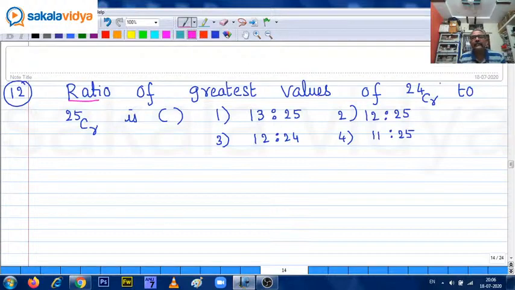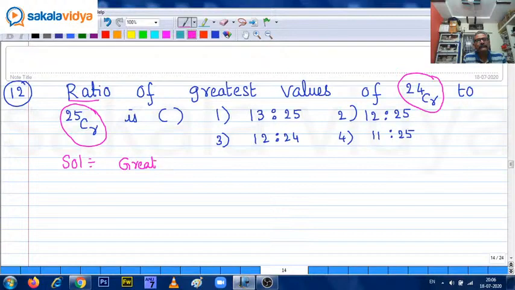Ratio of the greatest values of 24Cr and 25Cr. First, we need to find the greatest value of 24Cr.